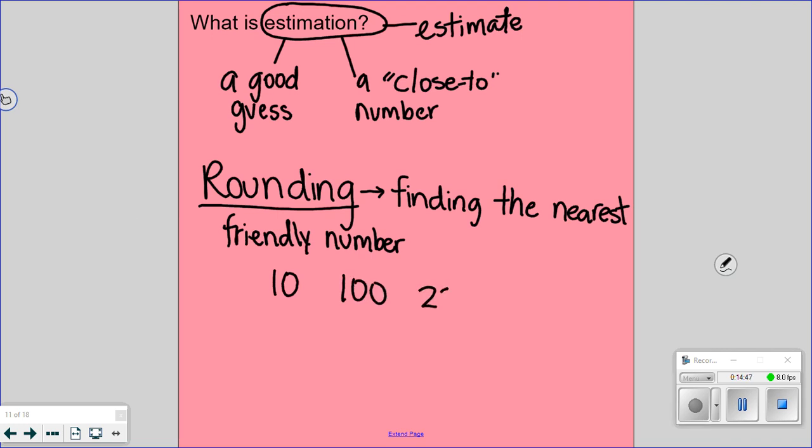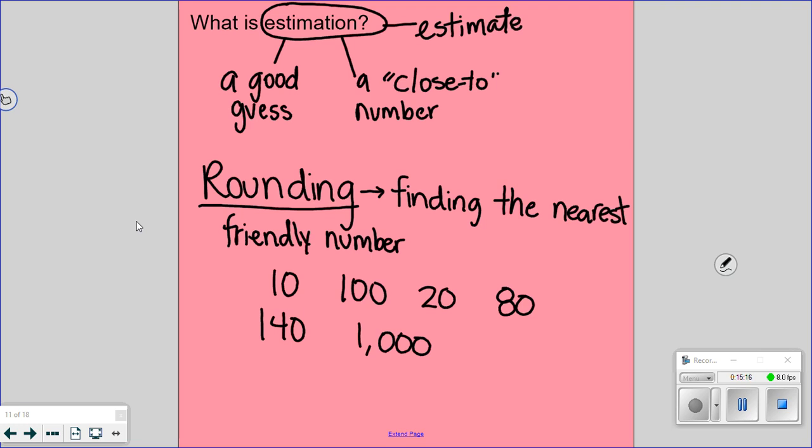Someone gave the answer of 20. 80. 140. 1,000. Those are all friendly numbers. They're easy for me to skip count to, and they don't take a lot of time. I can skip count to 80 pretty quick because I can do it by tens. Those are all friendly numbers.